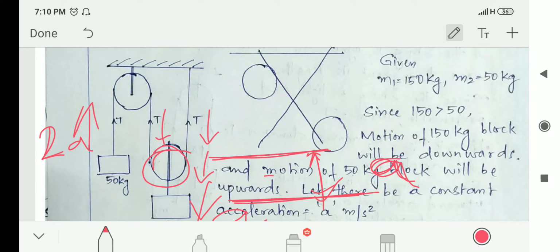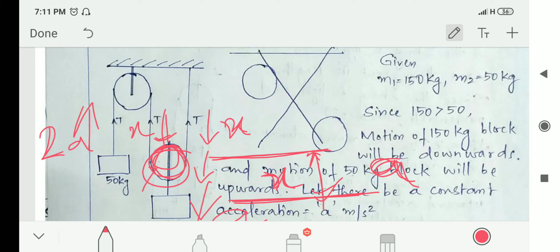That is, if we suppose this is x distance, the left string has to move x distance, the right string also has to move x distance, so as for this pulley to move down a distance of x. So for this pulley to move down a distance of small letter x, the string has to move a distance of 2x, right?